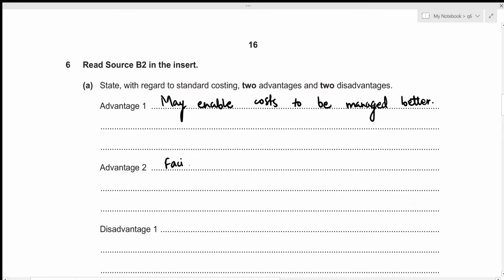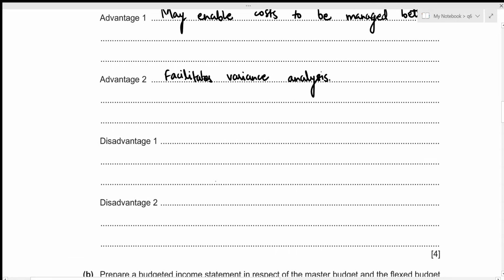Facilitates variance analysis. Now we can move towards the disadvantages. So the very first disadvantage would be that this standard costing is actually based on estimates. So these are not the actual numbers, right? This can go wrong, this can go right. Let's write it down. Setting standards are based on estimates.